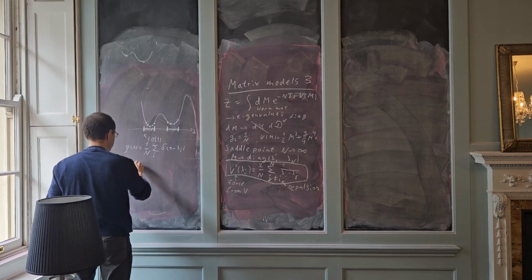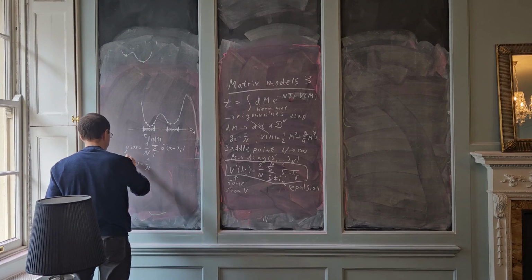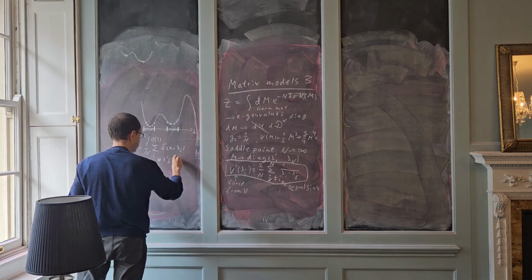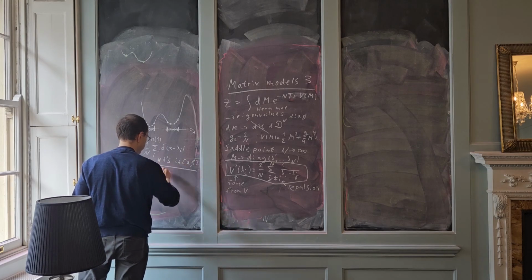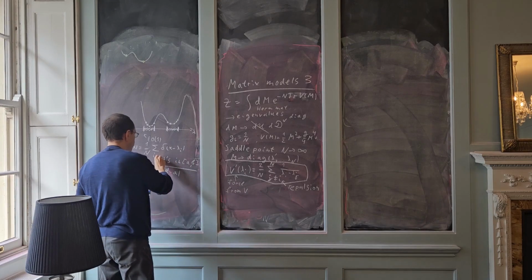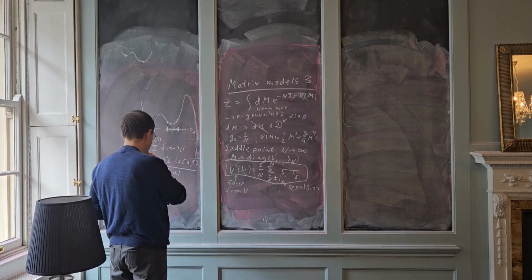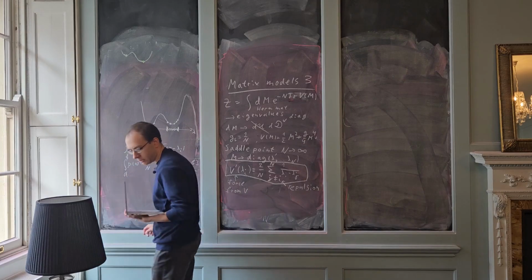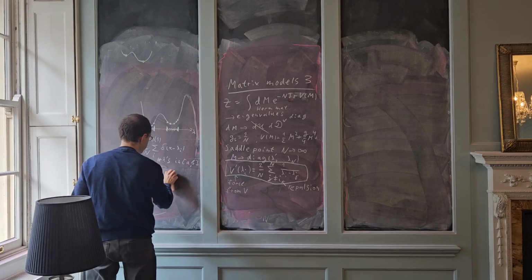So the integral from a to b of rho of x is 1 over n, the number of lambdas in the segment from a to b. Not divided by the length, it's just the number of lambdas divided by n.